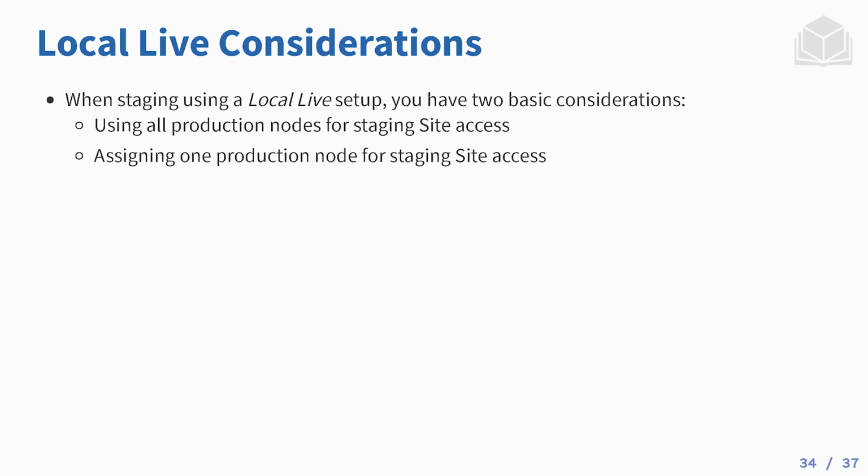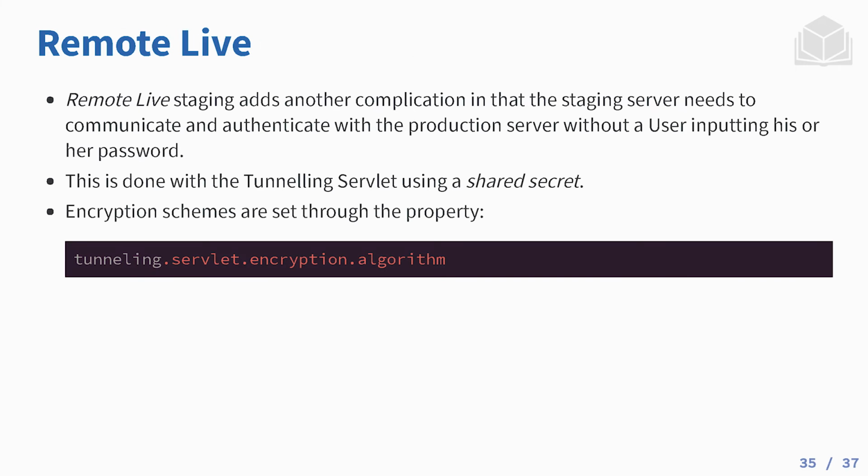There is something to secure when you use remote live staging, which is the tunnel servlet encryption algorithm, or let's say the tunnel shared secret. There's not a lot you can secure with local live staging in the securing Liferay chapter, but there's a lot that you can secure in the remote live situation. You have set up a local remote staging server in one of the early chapters, and you will remember that you've configured a shared secret.